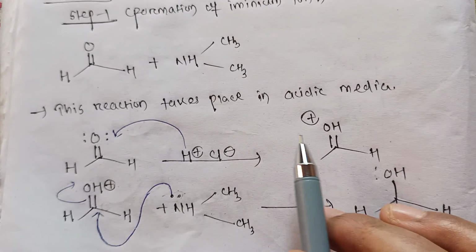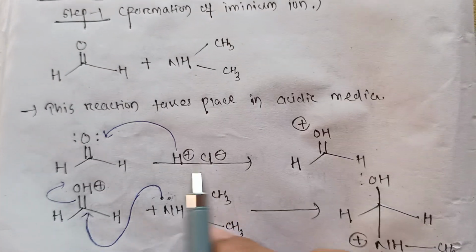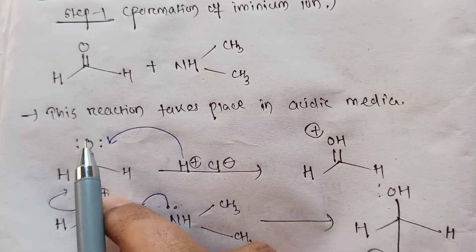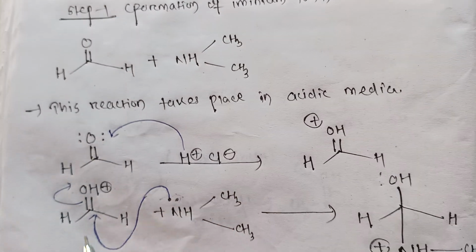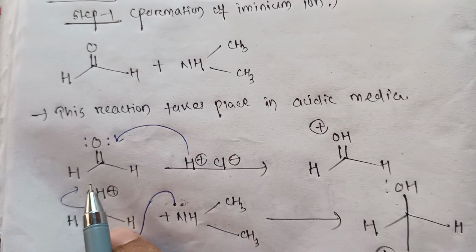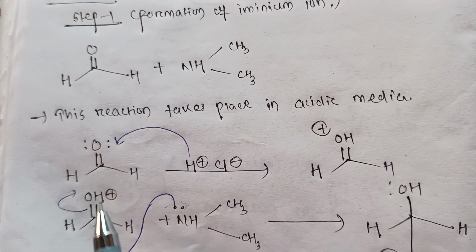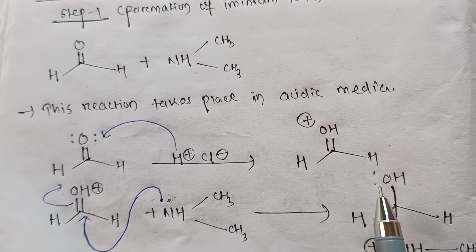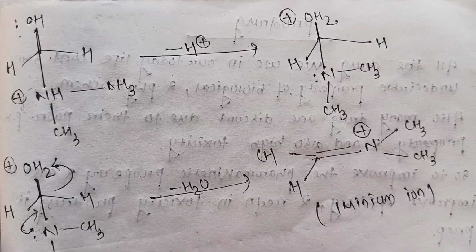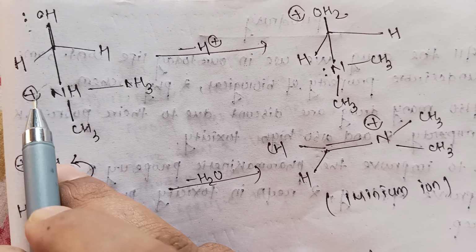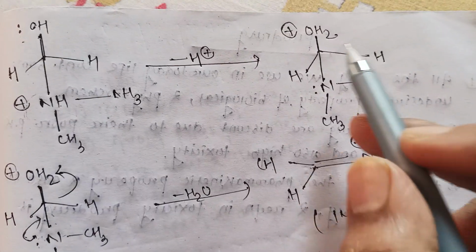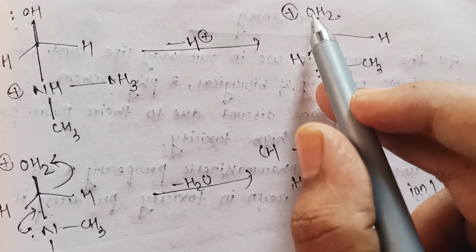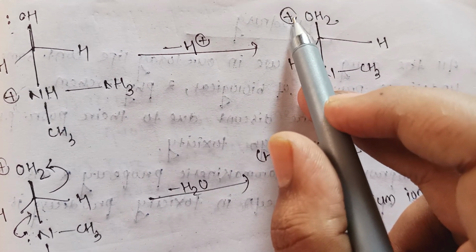At the first step, protonation occurred, the hydrogen comes and binds to oxygen, forming OH positive. Then nitrogen attacks, carbon gets unstable, so it pushes the electrons toward the oxygen and oxygen gets stable. In the next step, the nitrogen becomes unstable because of the positive charge. The hydrogen gives its electron and goes to oxygen, and oxygen becomes electron deficient.